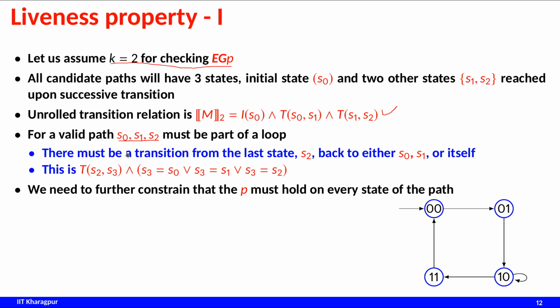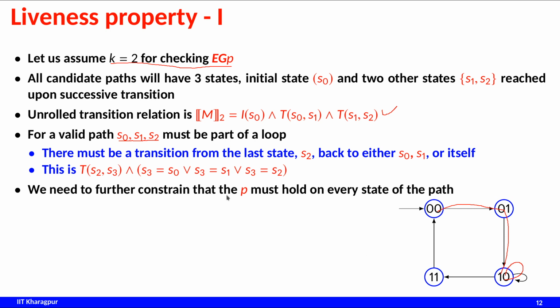So the loop is required because from this state I can reach this, from here I can reach this, and I can stay back here. So I need to check this loop, and if I can identify there is a loop, then I can claim that P will hold always, because if I have a loop and P holds on every node in that loop, then I can claim EGP.